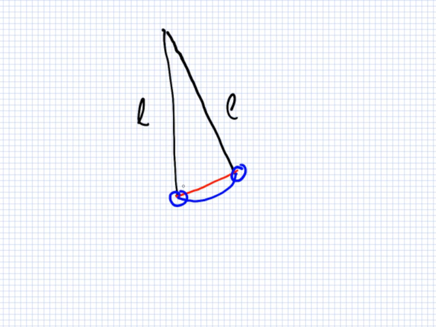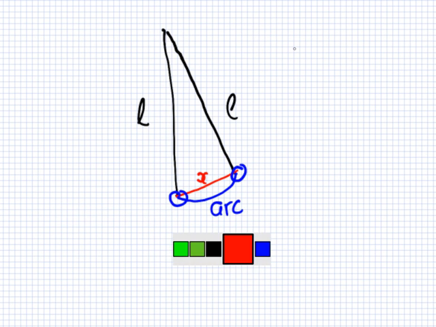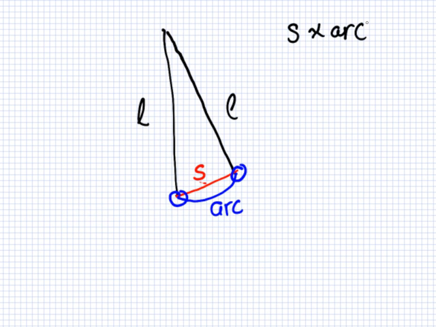There's not much of a difference. If I call this here X, and this one here is called arc, or maybe I'll call it S actually. You can see that the S is nearly the same as the arc. It's not much of a difference, especially if the angle here is small.